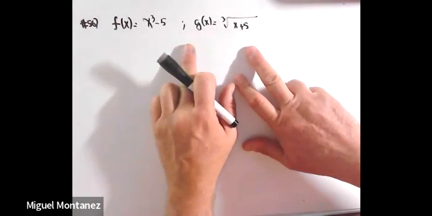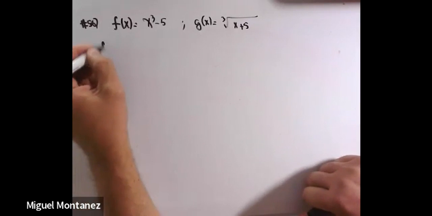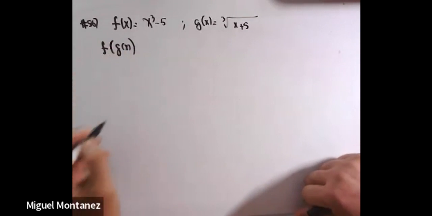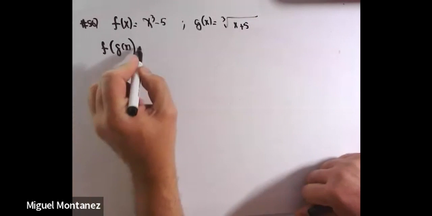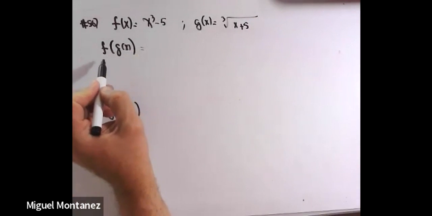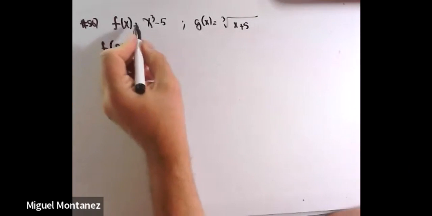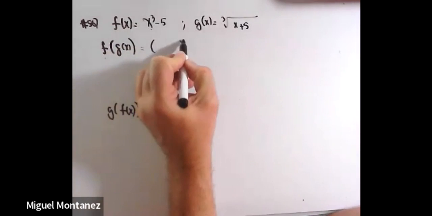So what do we need to do? We are proving if these two functions are inverse of one another. So we need to do f of g of x and g of f of x. On the first instance, f is the outside function, so it's my dominant function. f is the input cubed, and then we subtract 5.